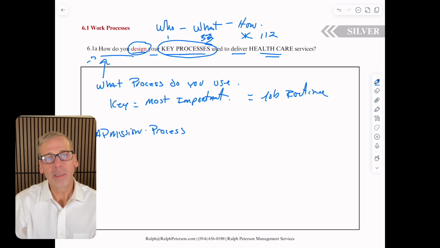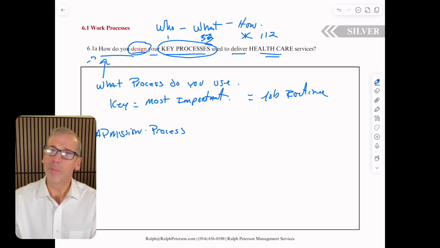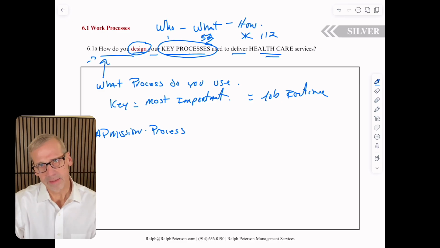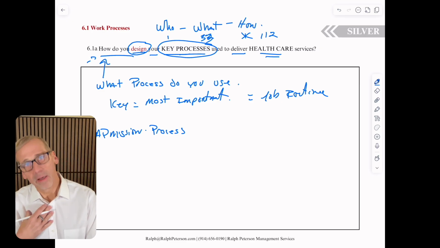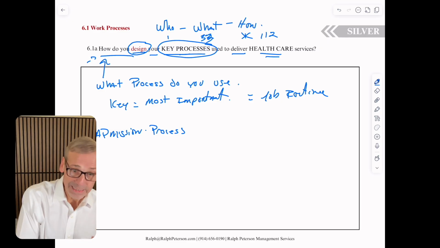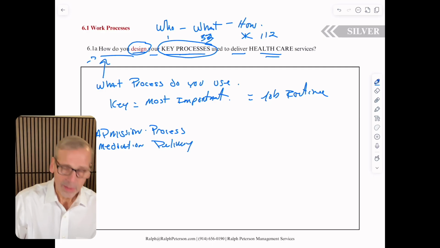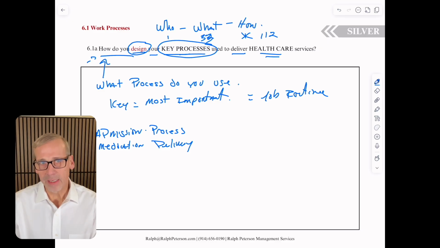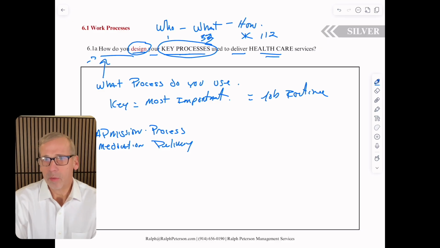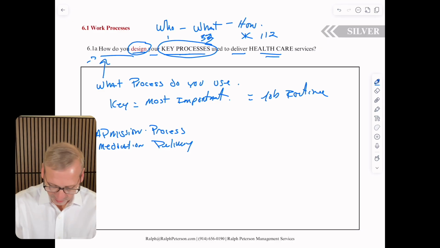The admission process is, I would argue, a very important process, right? It's a key process. It is a most important process that we use to deliver healthcare services because we need to get them in the building. Medication management or medication delivery is a key process that we use to deliver healthcare services.